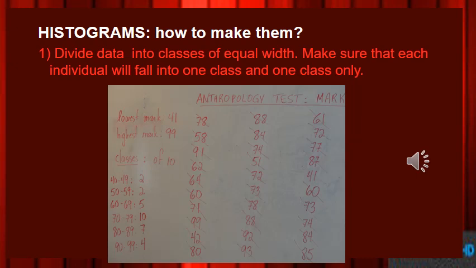So my classes must be exclusive. One individual will fall into one class only. So this was my first step in doing a histogram: divide my data into different classes that are exclusive and decide the content of these classes.